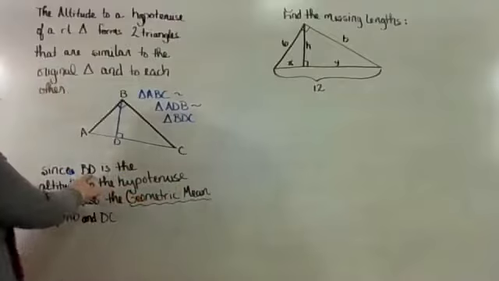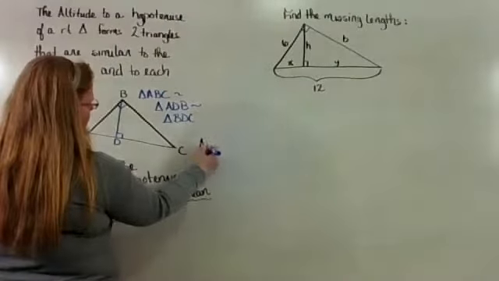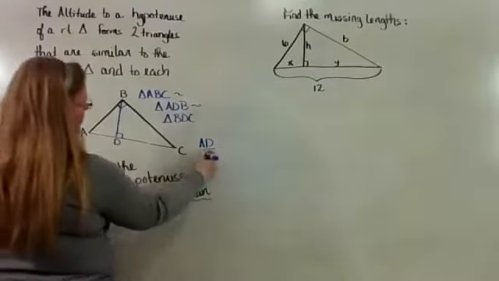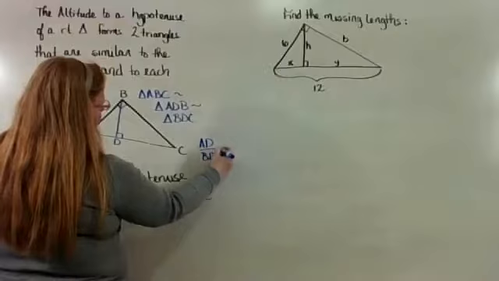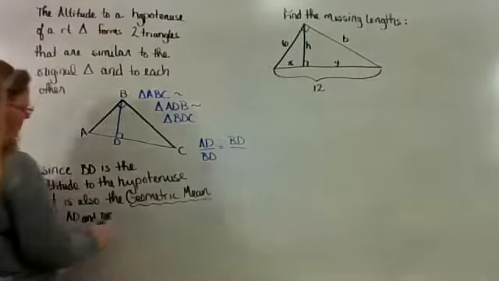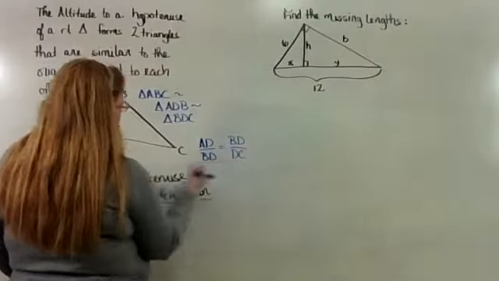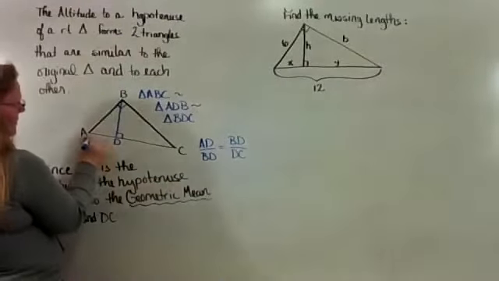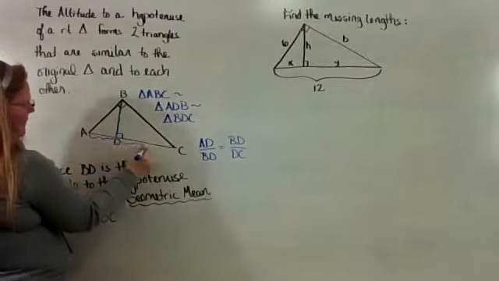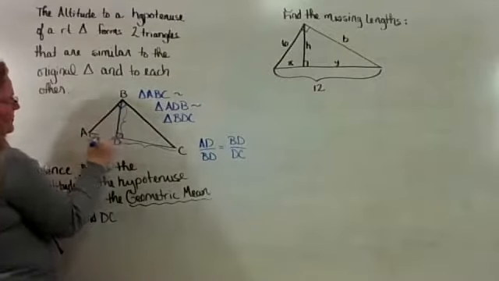And since this is the geometric mean of these two, that means I can take AD, put it over BD, and that has to equal BD over BC. So in other words, this length right here and that length right there have a geometric mean of whatever this length turns out to be.